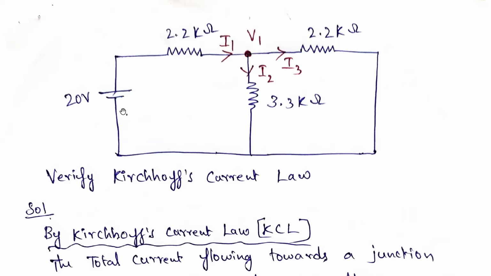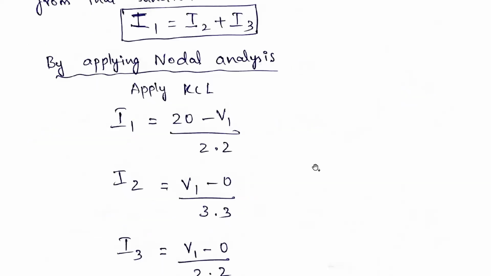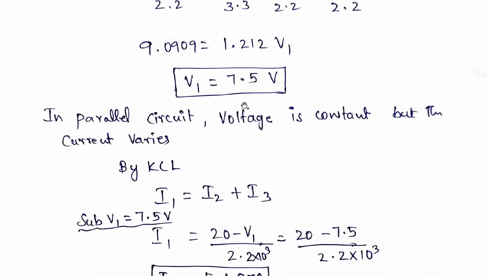Like that, this is also connected: one voltage source, imagine it is an AC source, and all these resistances are loads connected in parallel. In a parallel circuit, voltage is constant but current varies.